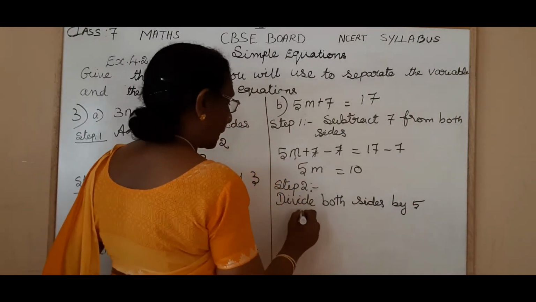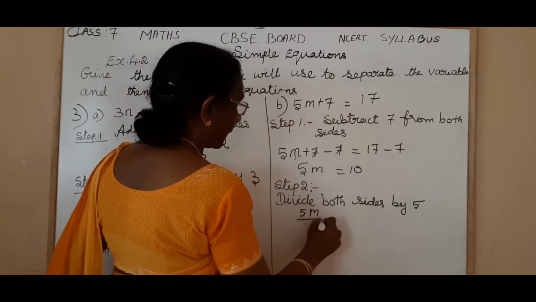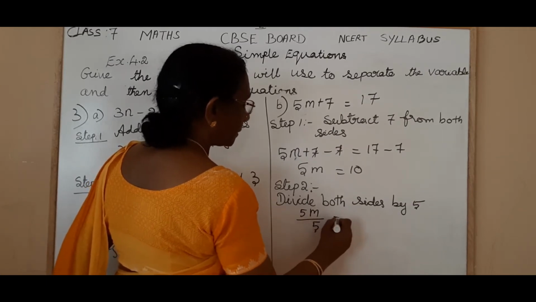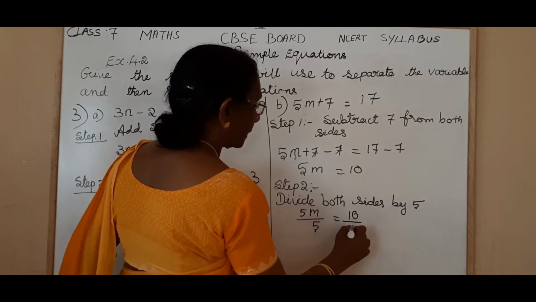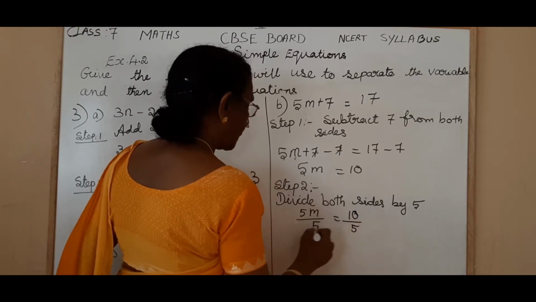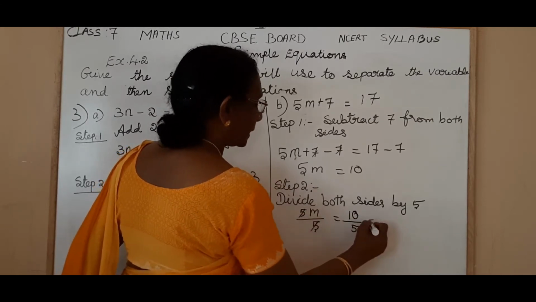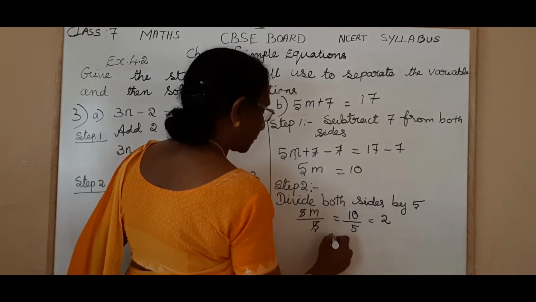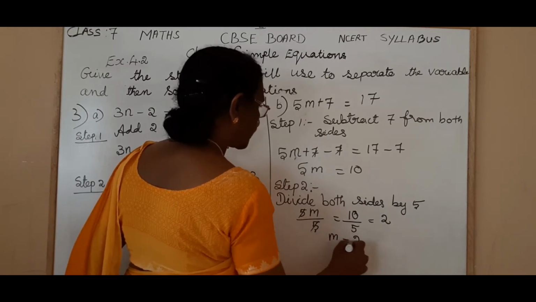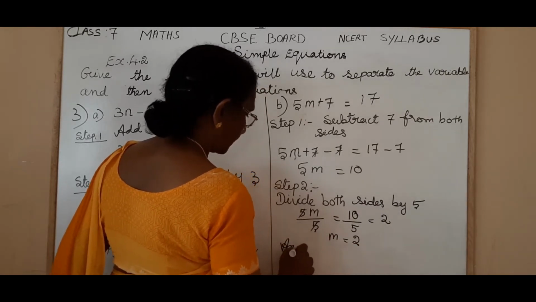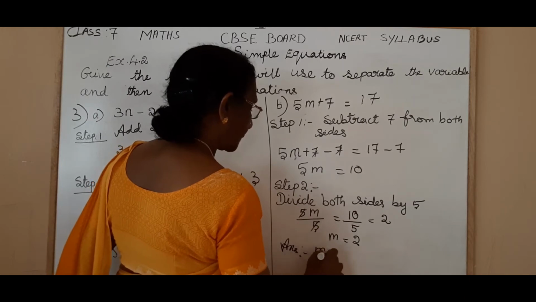So what do you get? 5m divided by 5 is equal to 10 by 5. So 5 and 5 get cancelled, is equal to 2. So m is equal to 2. So the answer is m is equal to 2.